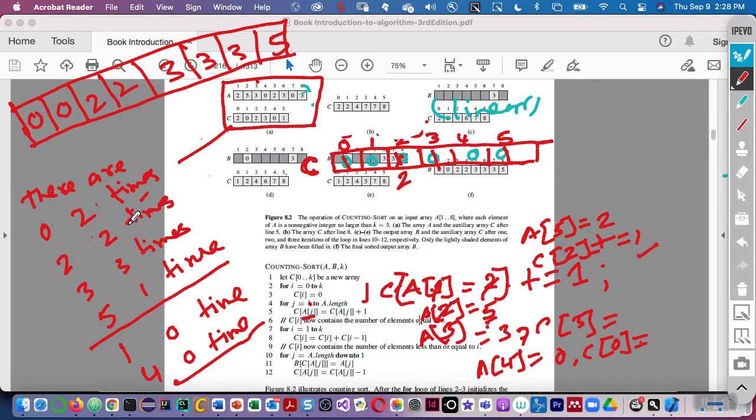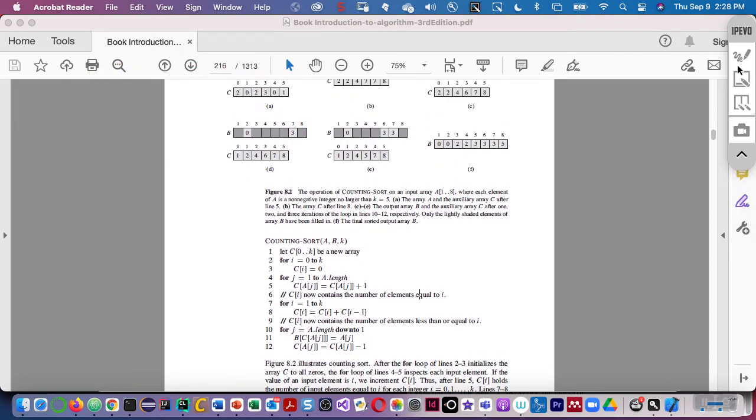Maybe this could be the simplest sorting algorithm if the numbers are just numeric numbers. But we are considering this algorithm, which is called an in-place or stable algorithm.